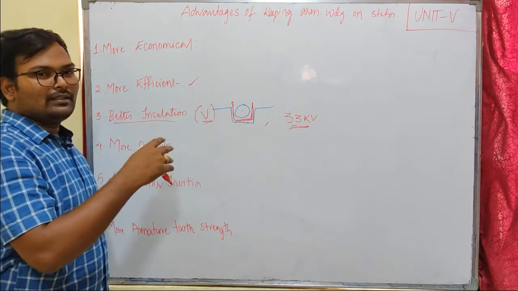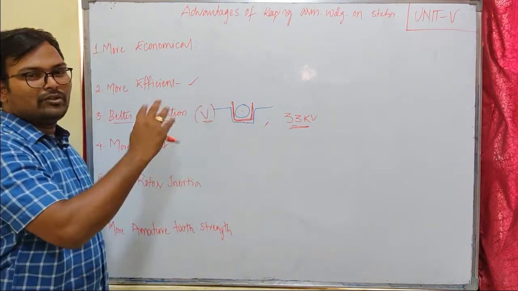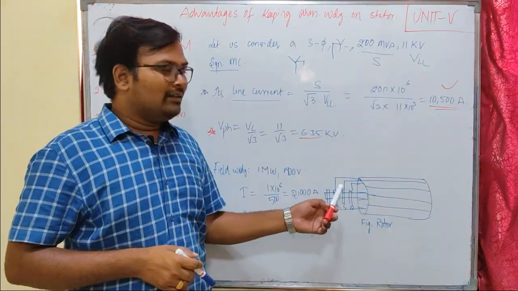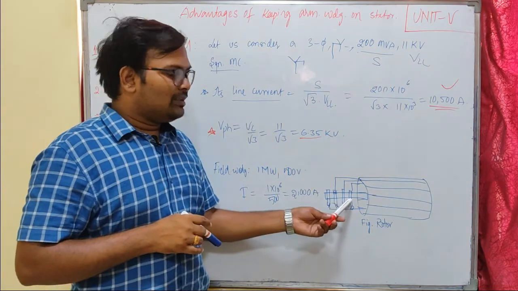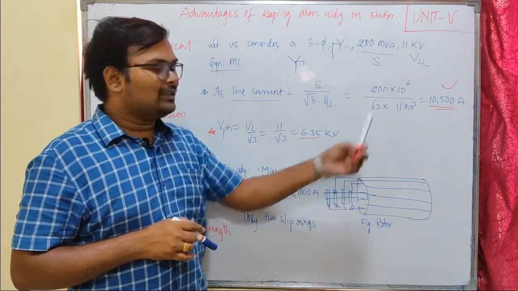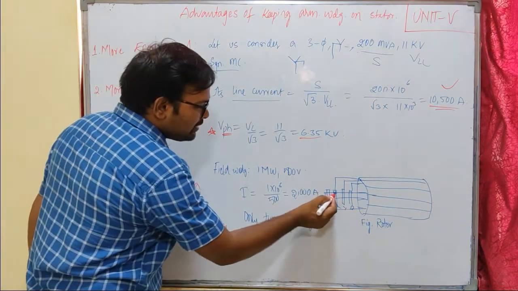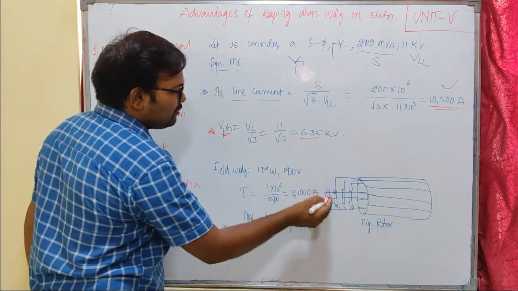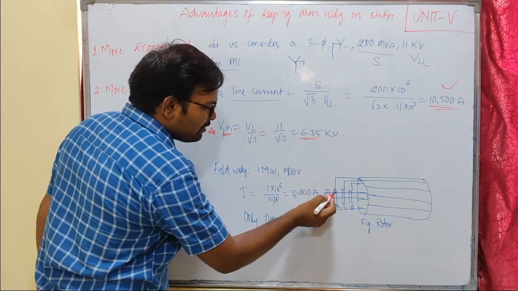While it is rotating, the insulation may get loosened because of the centrifugal force of the rotor while it is rotating to handle this much of current. That means the material used for slip ring should be very high grade, and it should be very costly to handle that much of current. And I have calculated phase voltage because here these slip rings will have this phase voltage, each slip ring will have phase voltage of 6.3 kilovolts, and that voltage should be insulated from this shaft material.